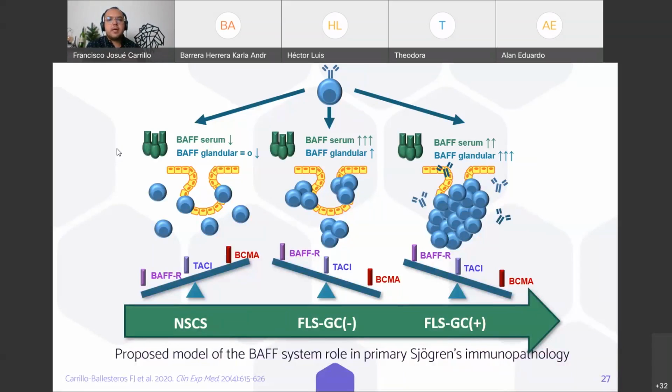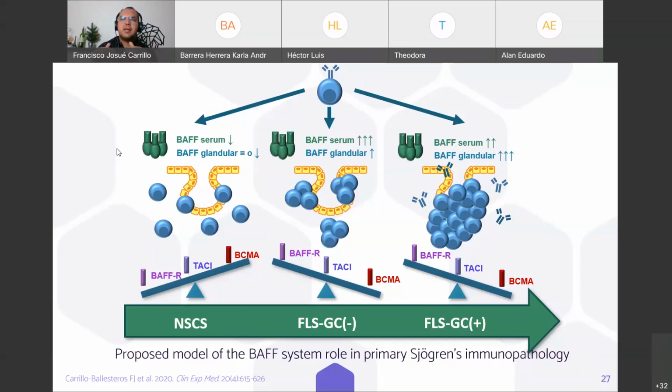For example, in the non-specific chronic sialadenitis cases, we have low production of serum BAFF levels and diminished BAFF glandular expression. But this scenario is promoted by a balance toward the expression of the BCMA receptor, which has also been described as a negative regulator.